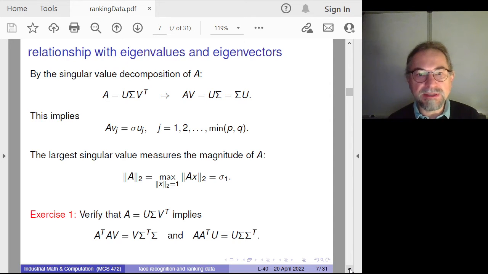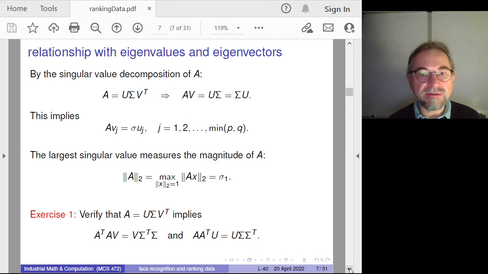So A is P by Q, A transpose is Q by P, so A times A transpose is a P by P matrix, and that was also the definition of the dimension of the matrix U. The same for A transpose A: A is again P by Q, so A transpose is Q by P. A transpose times A is a Q by Q matrix, and that was also the dimension of the square matrix V. So we're going to use that property.